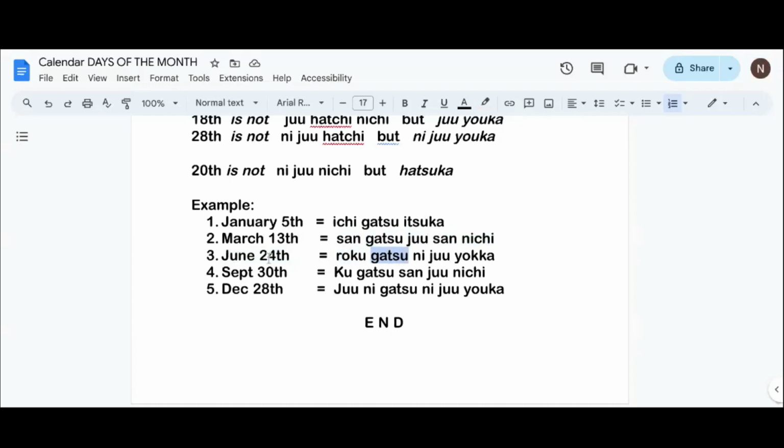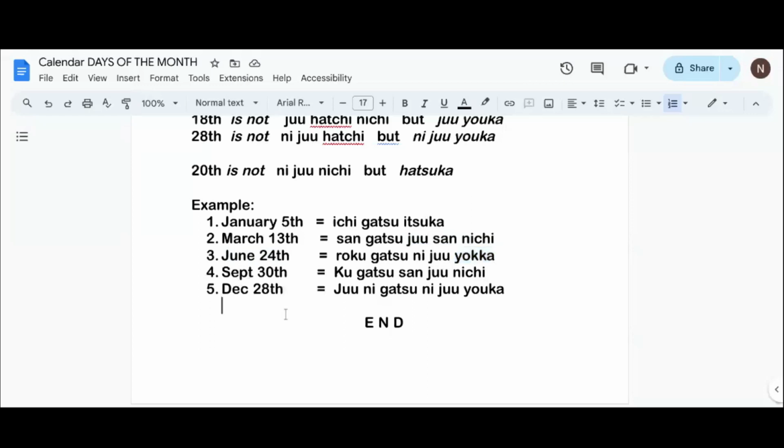The 24th is nijuyoka, not nijuyon nichi, but nijuyoka.